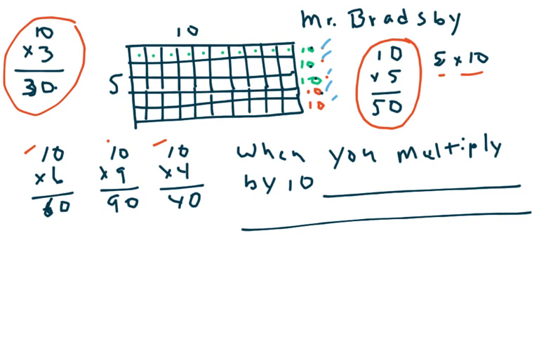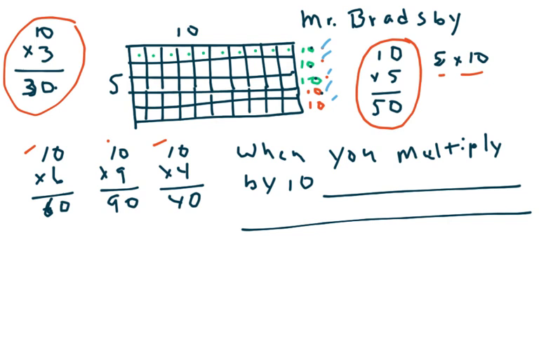Well, I don't know exactly what you wrote down, but here are some things that I've seen people write down. When you multiply by tens, you count by tens to that number or that many. For example, 3 times 10, I count 10, 20, 30.